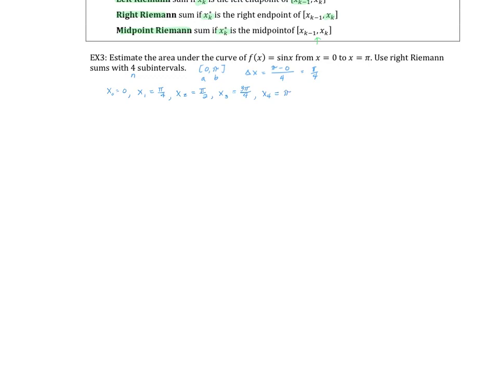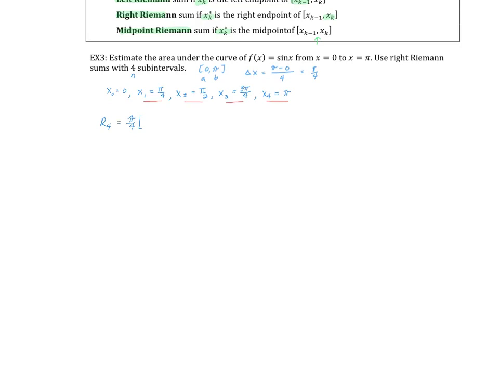So I have these grid points. I'm going to be using right endpoints, which means I'm going to start at x sub 1, then x sub 2, x sub 3, and x sub 4. So these would be the right endpoints in each one of my intervals. So to compute the approximate area underneath the curve of sine of x and the x-axis, it's going to be my delta x times all these heights.